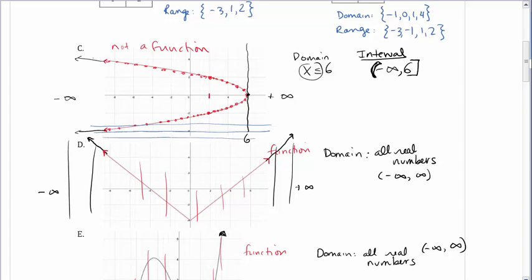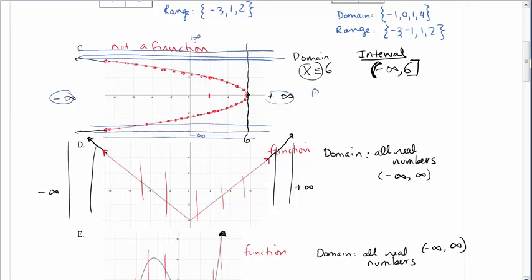And can I put a ceiling on this graph? Is there a way to draw a line horizontally so that the graph never crosses through that ceiling? And in this case, because this graph keeps getting wider and wider and wider the more it goes to the left, there is no floor and there is no ceiling. And just like we did on the x-axis where we put these infinities in the negative and positive direction, we do the same thing on the y-axis.